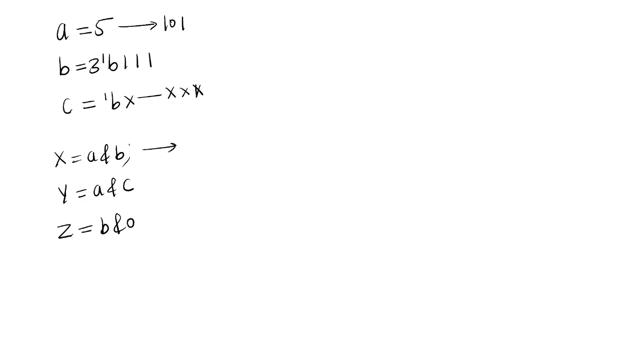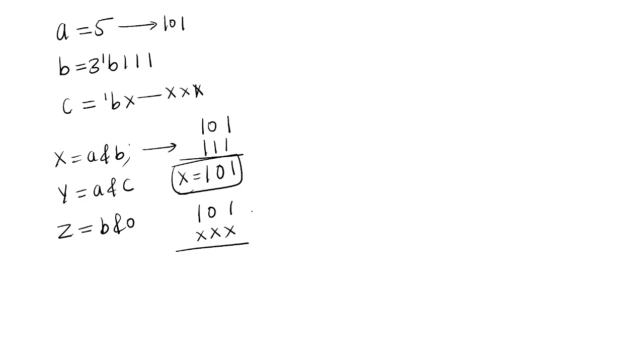If you do this, what will you get? 101 and b means 111, so x equal to 101. And a and c means a is 101 and c is xxx.